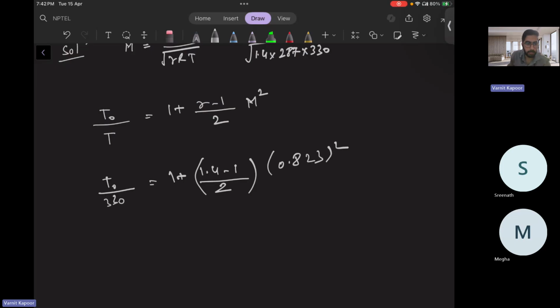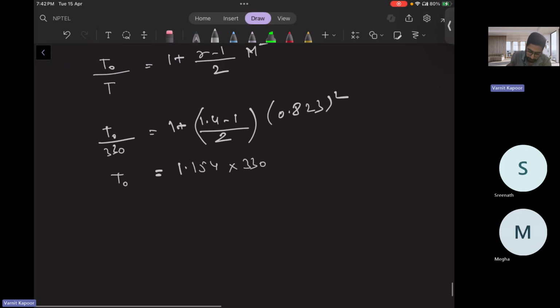The final value comes out to 1.154 into 330, so your stagnation temperature is 374.7. This is your answer. Hopefully, I wanted to get the concept through a question only.